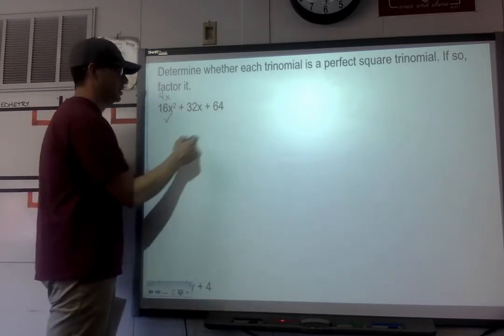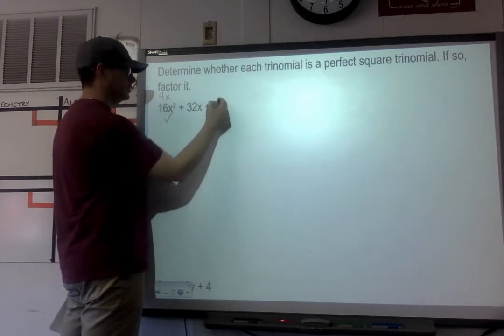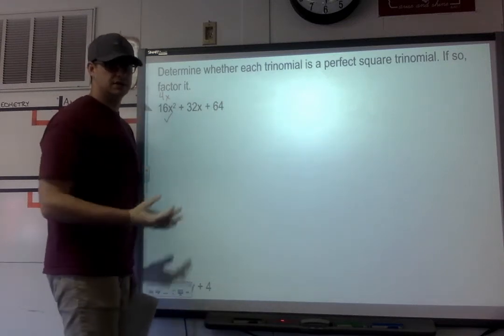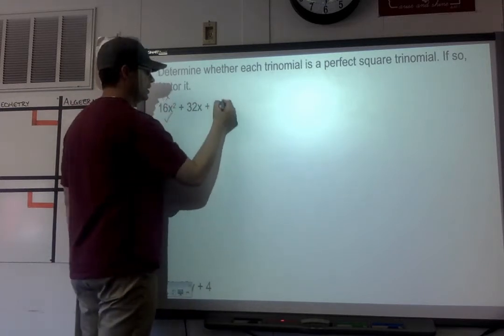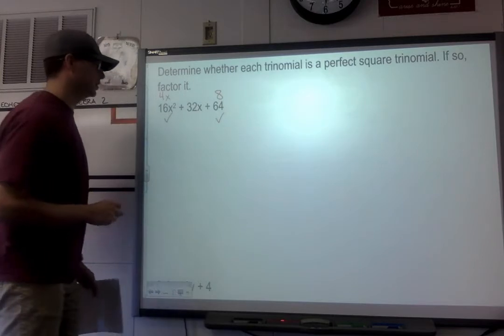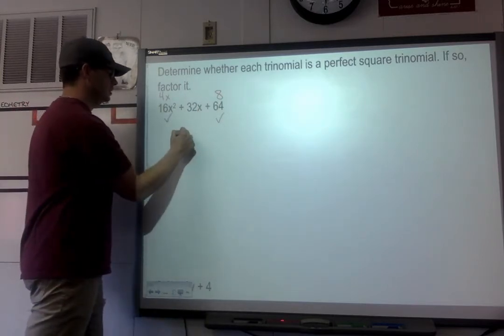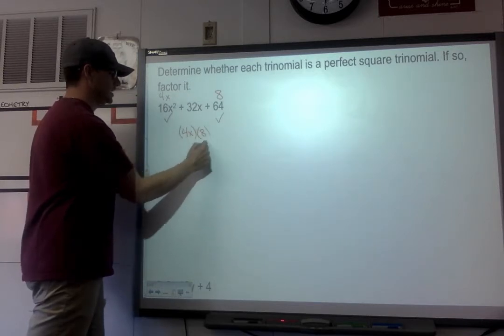Now, that checks off. We're good so far. Second step, check to make sure our last term is a perfect square. Again, perfect square means the square root will be a whole number. The square root of 64 is 8. So yes, we're still good. Now we would need to do a times b, which would be 4x times 8.